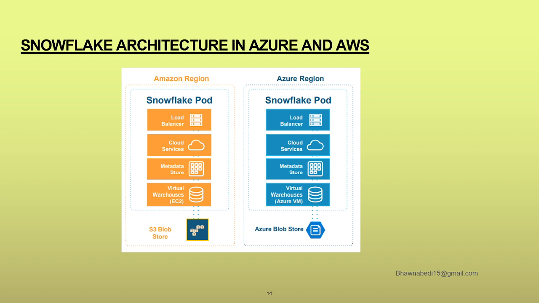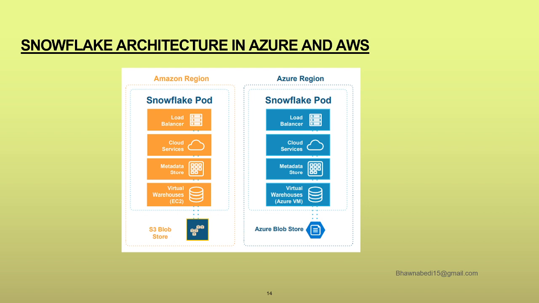Then you have all your cloud services running behind, your metadata stored behind, and your virtual warehouses, which are nothing but your Azure virtual machines, the compute instances, compute power. It is in turn linked to your Azure blob storage, about which we have talked. So for any kind of data store, it uses Azure blob storage beneath.